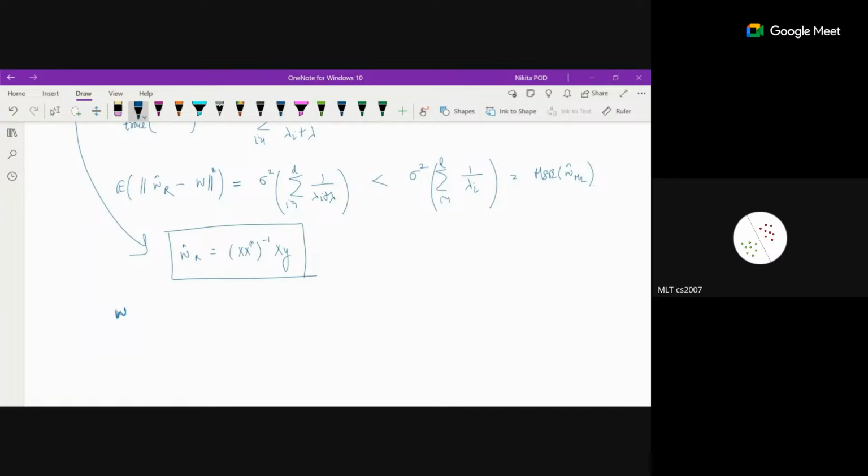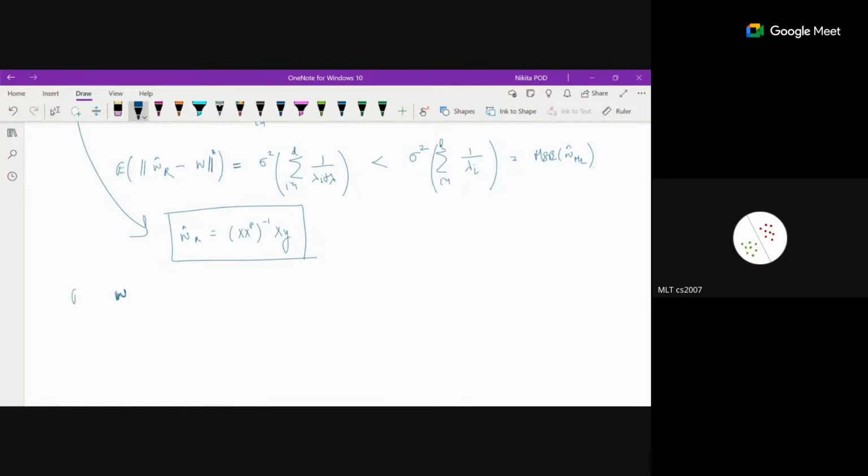So we assume this prior for W to follow a normal distribution with mean as zero vector and the covariance matrix as some gamma square I, right?